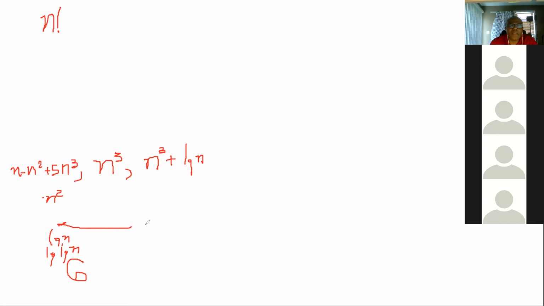So that's log of n squared. And then the square root of n.